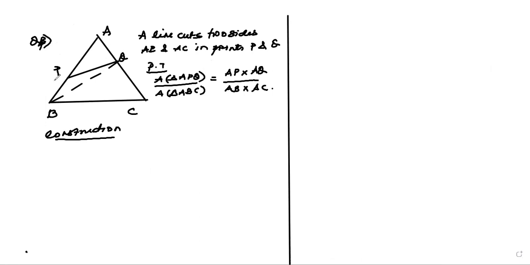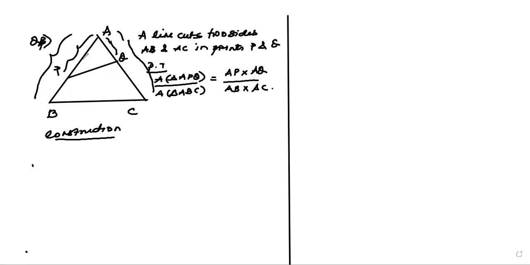A line cuts two sides, AB and AC, in points P and Q. You want to prove that area of triangle APQ upon area of triangle ABC equals AP into AQ upon AB into AC.